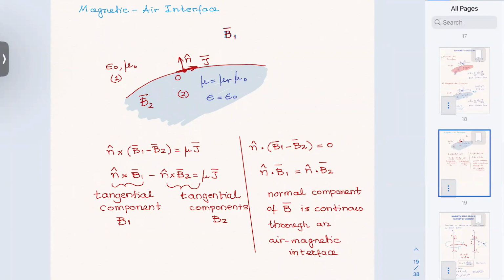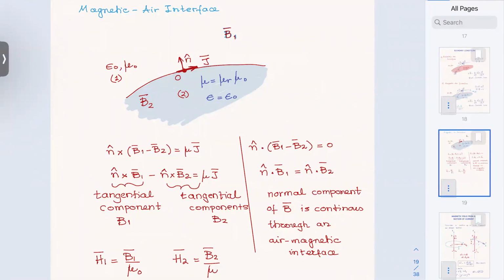Now, while the magnetic flux density, if there is no current, is continuous throughout the interface, the magnetic field is not, because H1 is B1 divided by mu, and H2 is B2 divided by mu. In one case, I wrote mu sub naught because it is in air.